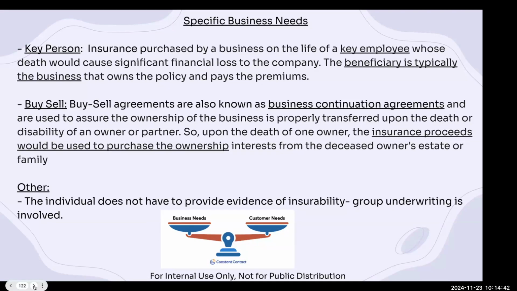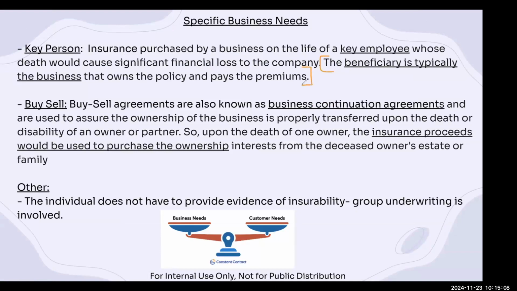So with that, it can be a CFO, for example, or an individual that has been essential to generating revenue for the company. So maybe an advisor, someone like that. And if we look at the second part here, the beneficiary is typically the business, because the business owns the policy and pays the premiums.